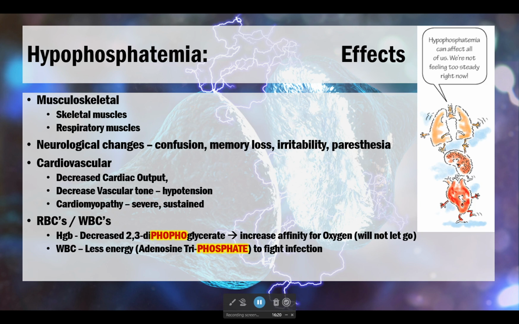If phosphorus is low, then that oxygen is going to stay on the hemoglobin. Carbon dioxide is going to stay out in the tissues, and oxygen is just going to keep circulating.